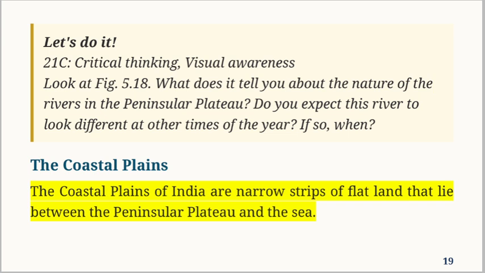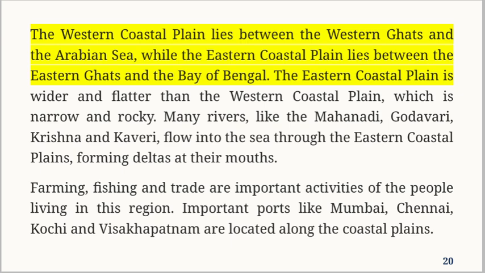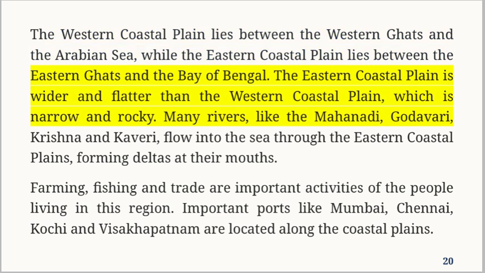The coastal plains of India are narrow strips of flat land that lie between the Peninsular Plateau and the sea. The western coastal plain lies between the Western Ghats and the Arabian Sea, while the eastern coastal plain lies between the Eastern Ghats and the Bay of Bengal. The eastern coastal plain is wider and flatter than the western coastal plain, which is narrow and rocky.